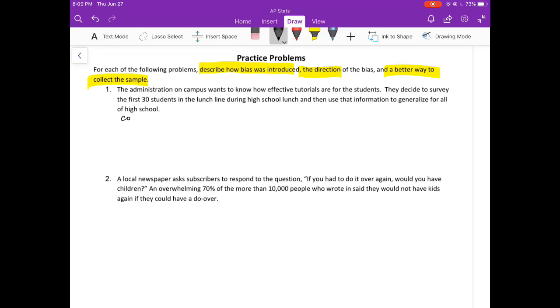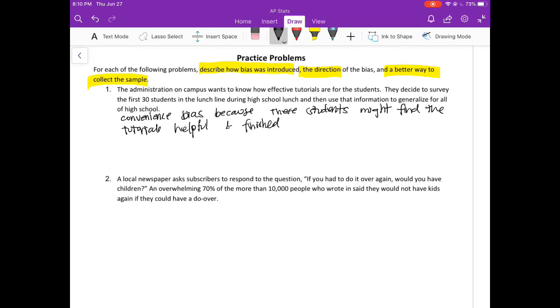So this is a convenience bias because these students might find the tutorials helpful and finish their work early, which is why they're the first 30 students in line.